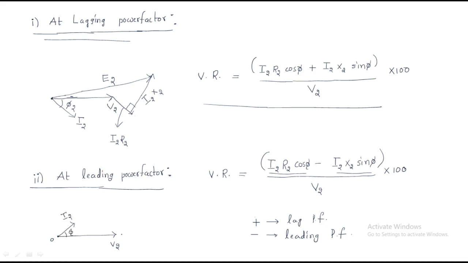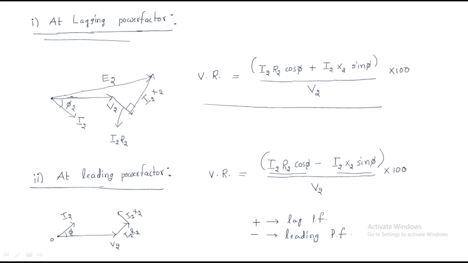The drop across this is I2R2, and the drop across this is I2X2, because I2R2 and I2X2 are both at 90 degrees.